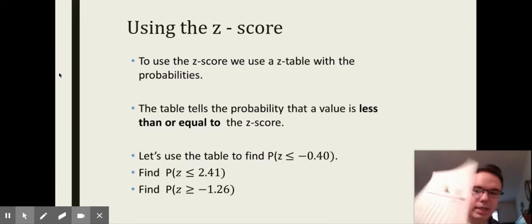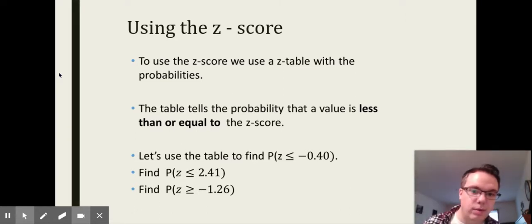So again, your z-table looks like this. It has a positive side, it has a negative side. The y-axis gives you your first decimal point. The x-axis gives you your second decimal point. So if we wanted to find the probability that a z-score is less than or equal to negative 0.40, we're going to go to the negative side, and we are going to find negative 0.4 on the y-axis.